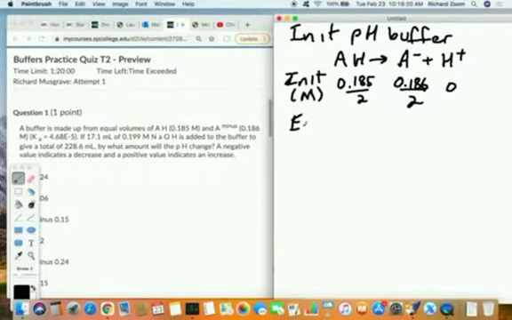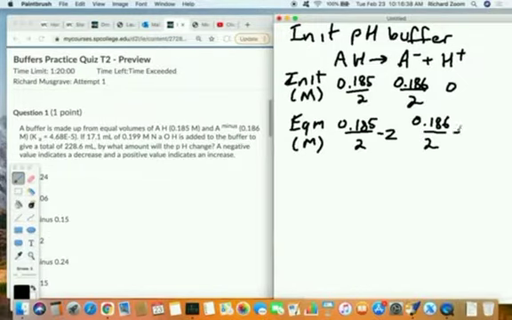At equilibrium, it'll be 0.185 over 2 minus Z, and then 0.186 over 2 plus Z, and then Z for the H plus.